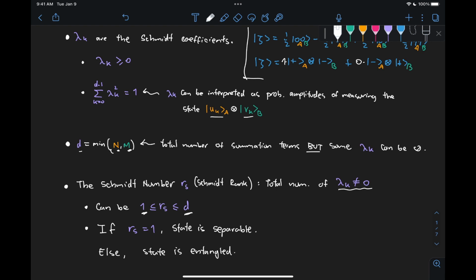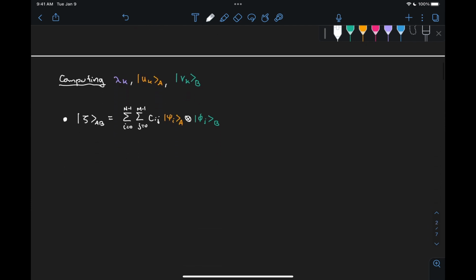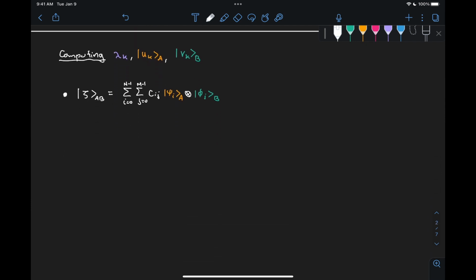All right, so now let's talk about how we compute these lambda sub k's, U sub k's, and V sub k's. In the previous video, we did this by factorizing our state, but we just did this by inspection. But what is the general procedure that we can follow if we, for example, have a very large state that is not trivial to factorize just by looking at it?